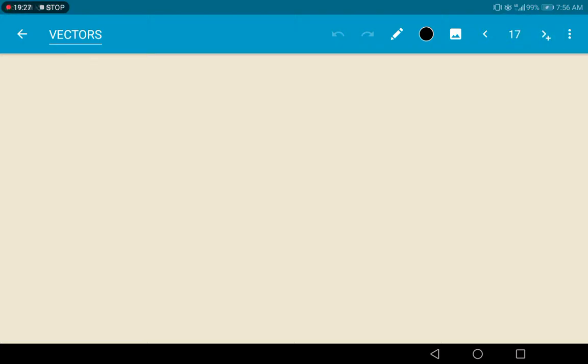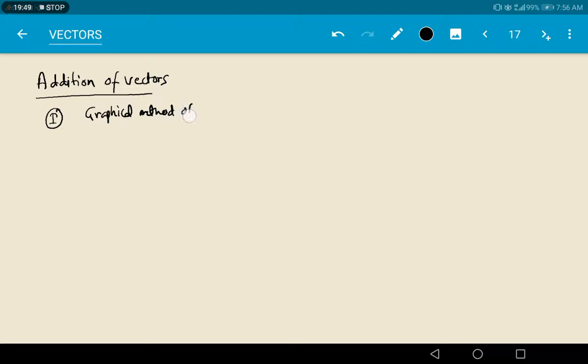Right. Next, let us see addition of vectors. Here we are going to discuss two cases. One is the graphical method of addition of vectors, and then the analytical method, or rectangular components method, of addition of vectors.